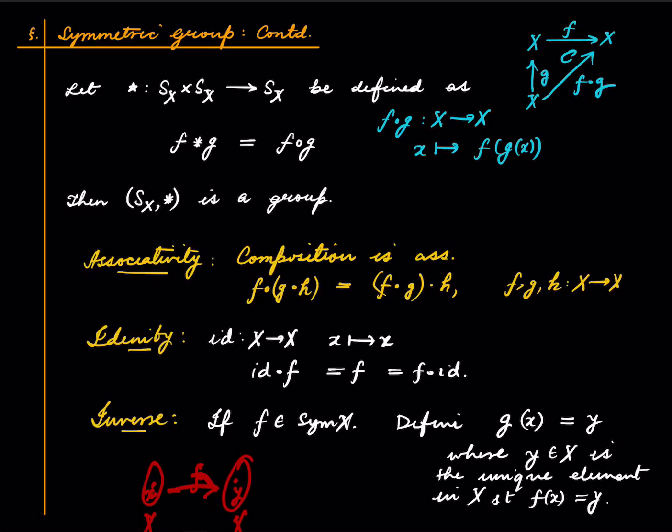So all we are saying is define g of y as the element of X which maps to y under f. And you can just verify that f of g and g of f are the identity. All of this is very, very trivial. So this is indeed a group. Sym(X) equipped with star is indeed a group.